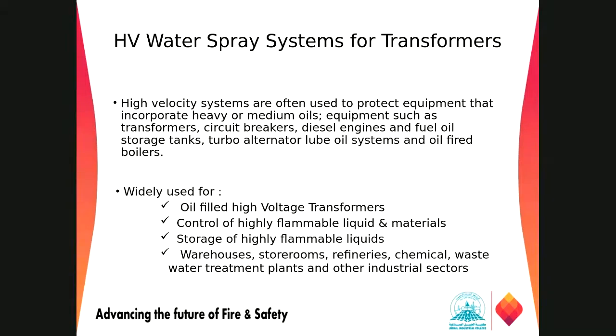But here we have medium or heavy oils, like transformers, circuit breakers, diesel engines, fuel oil storage tanks, turbo alternators, lube oil, and so on. So it is widely used for transformers, control of highly flammable liquids and materials, flammable liquids in warehouses, storerooms, refineries, chemical waste treatment plants, and so on.